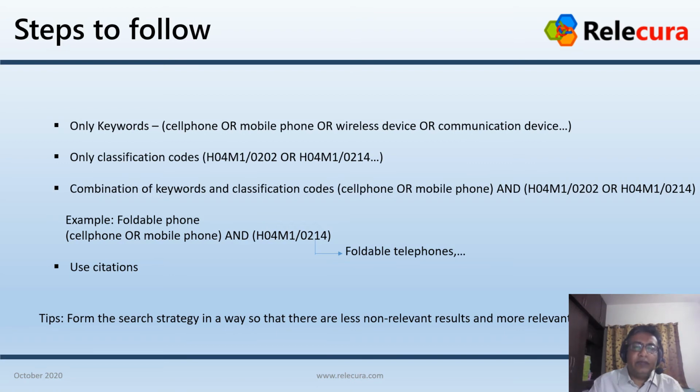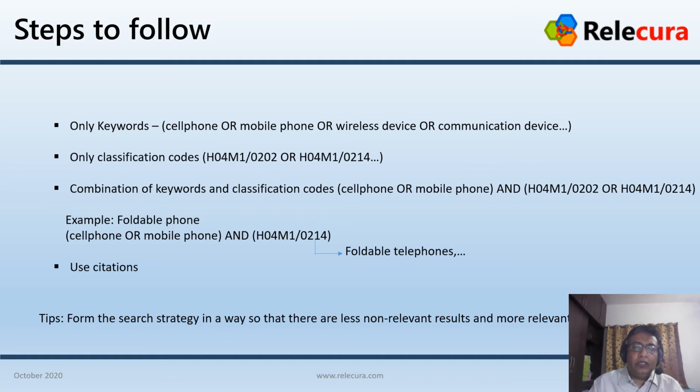So here, for example, if you are looking for foldable phone and you think that foldable phone keywords will not cover all the patents, then instead of keywords you can use the classification code which is used for foldable telephones.